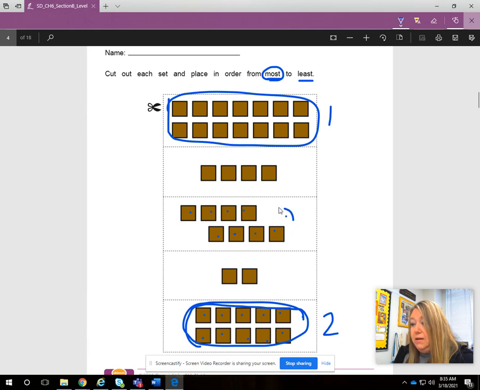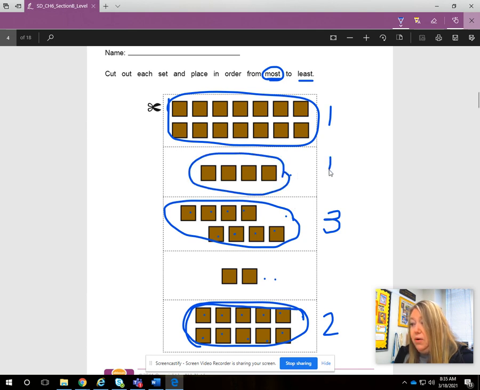This one is the next most because it has 8. So it's going to be number 3. And the next most is between these two. This one has the most, so it's going to be number 4. And the last one, this one would be the least amount, would be number 5.